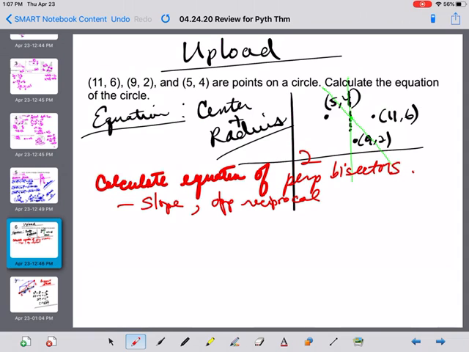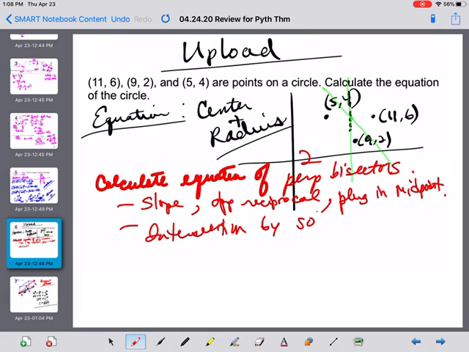That gives you the slope of the perpendicular bisector. And then what point do you plug in to mx plus b? You plug in the midpoint. So you're going to do that for any two, and then find the intersection by solving the system of equations. And then that will give you the center.